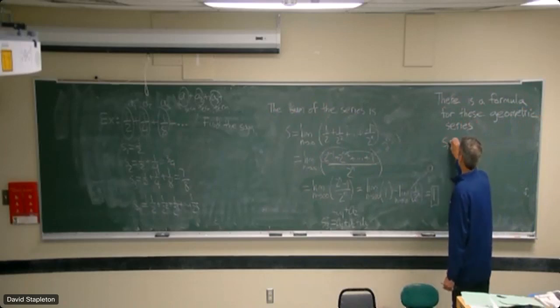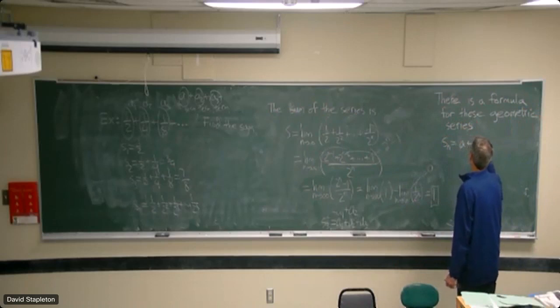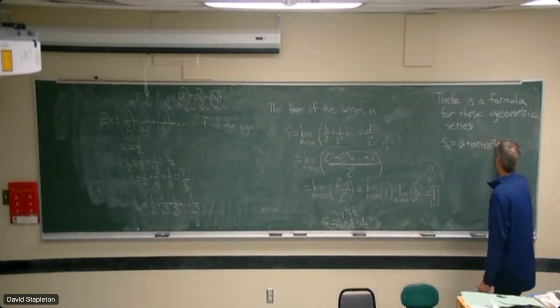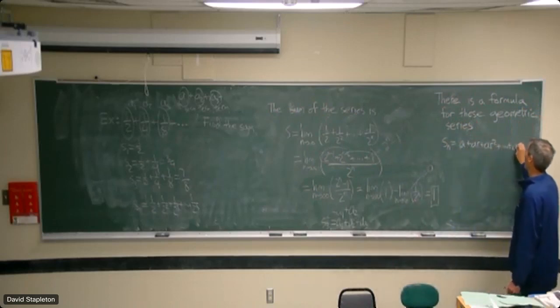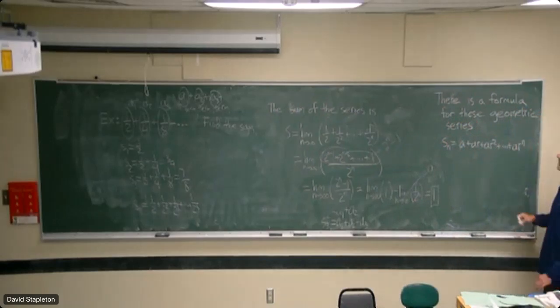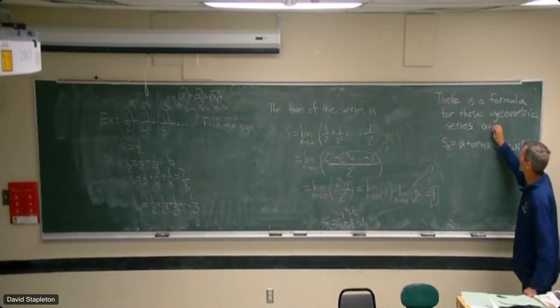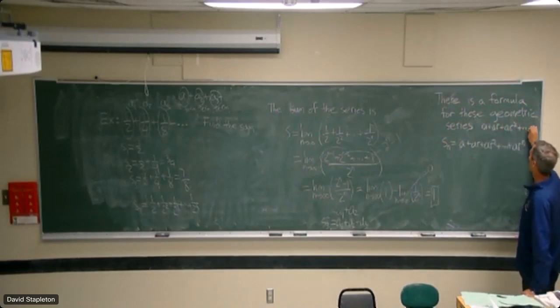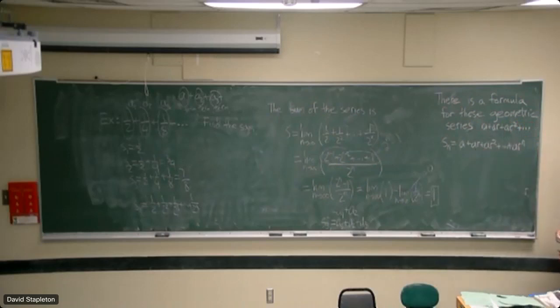Sn, the nth partial sum, is equal to a plus ar plus ar squared plus and so on up to a times r to the n. That's the nth partial sum of the geometric series. The geometric series is a plus ar plus ar squared on forever. This is the first n terms.